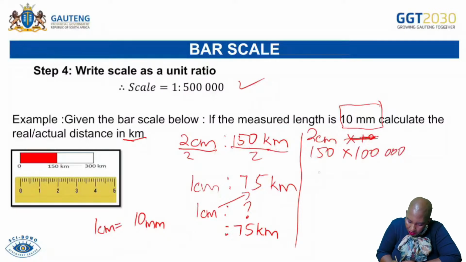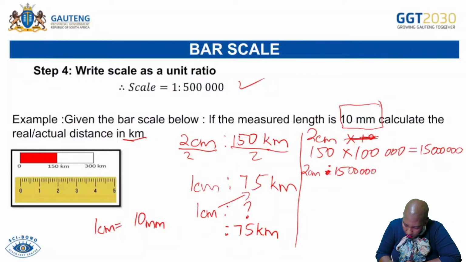It will give us how much? Let me get a space. It will be 15 million, 6 zeros. And then now we will say 2 centimeters is equal to 15 million, 6 zeros.